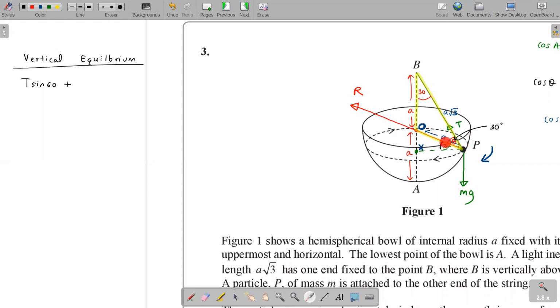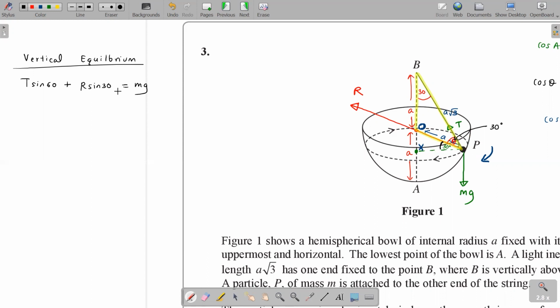Resolve the R also. The angle to the horizontal is 30. So it's going to be R cos 30 or sine 30. I want to get the vertical, so it should be R sine 30. If you take R cos 30, it's a horizontal component. So T sine 60 plus R sine 30 is equal to mg.